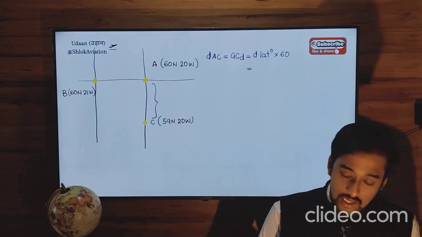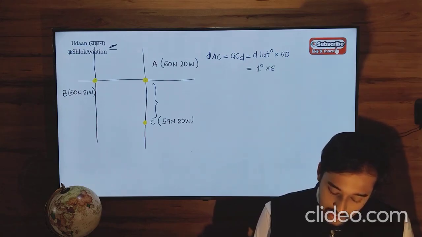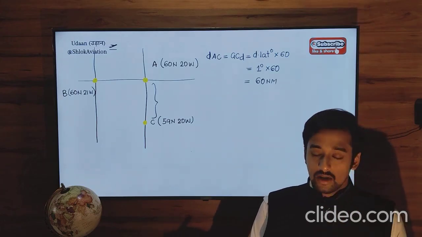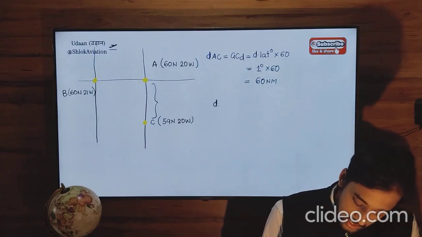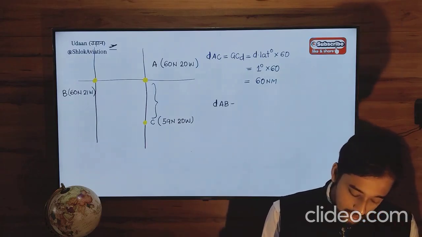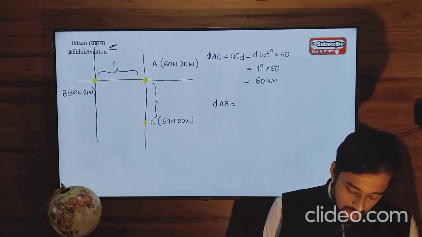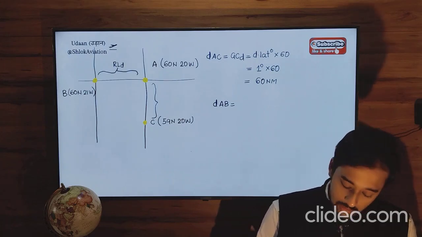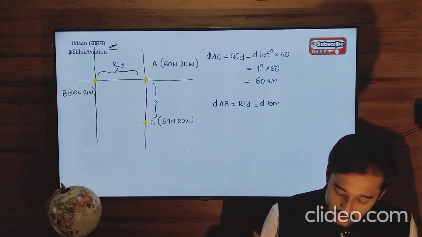Difference in latitude is how much? 60 minus 59, 1 degree, which is multiplied by 60 is 60 nautical miles. Great circle distance is 60 nautical miles. Distance AB is how much? Distance AB is your rhumb line distance. So rhumb line distance will be equal to d long in minutes into cos lat.